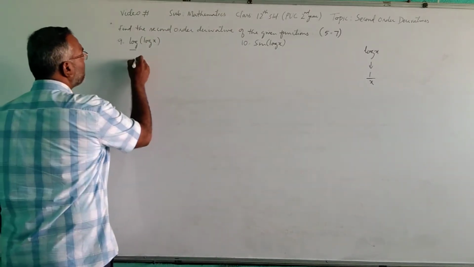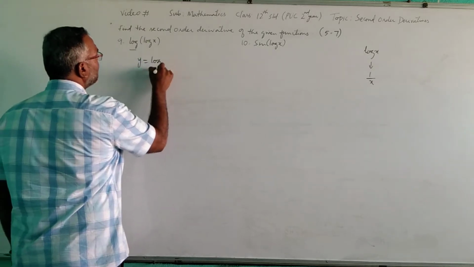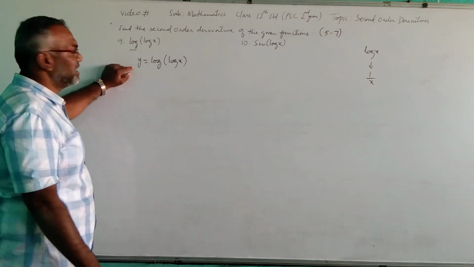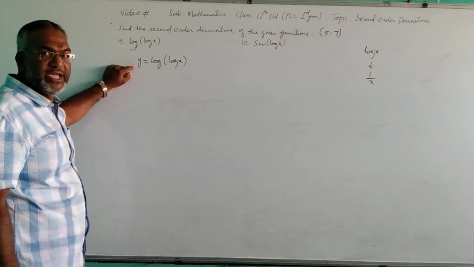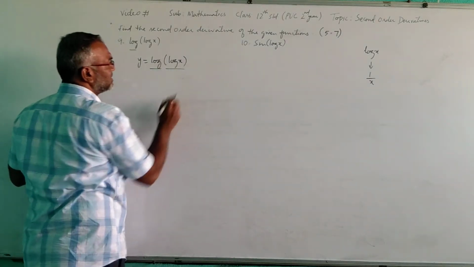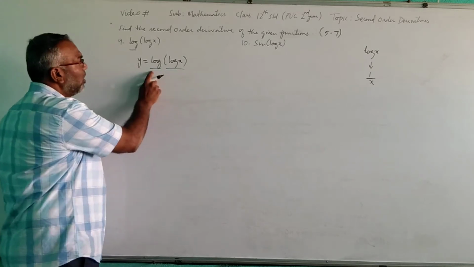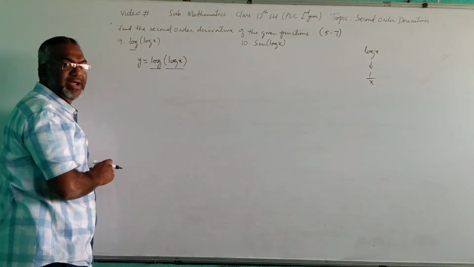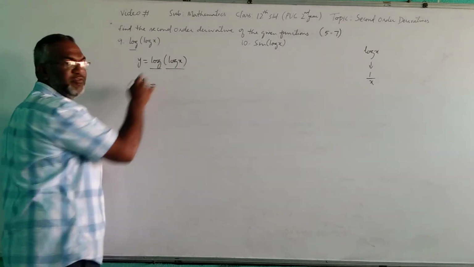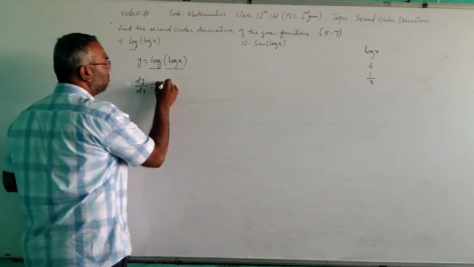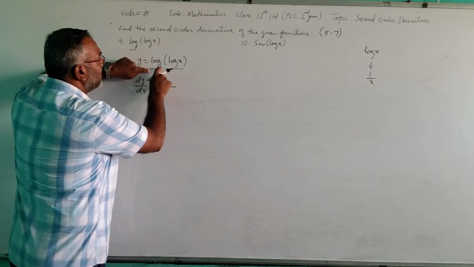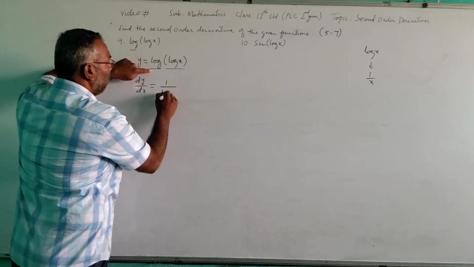So let's say the given function is y is equal to log of log x. We differentiate with respect to x. So the first order derivative, dy by dx, will be equal to 1 by, we must write x, but here in place of x we have log x, so this all log x will come.